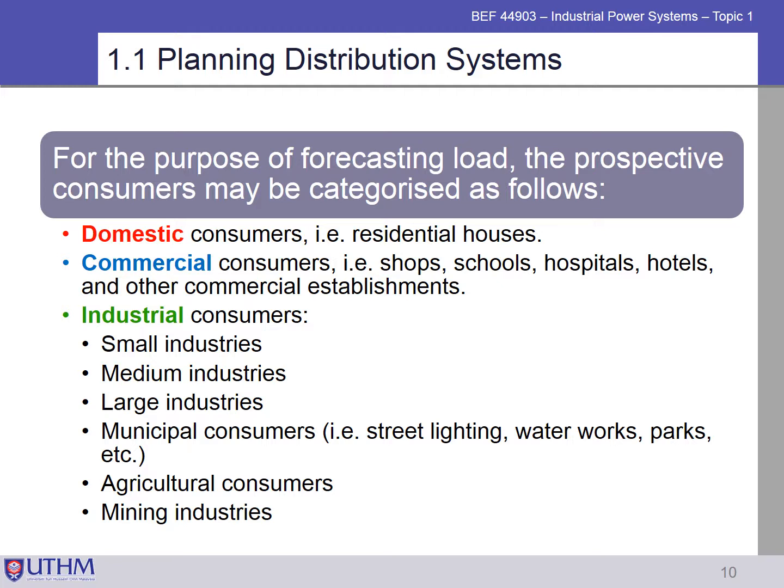We are just focusing on the industrial consumer itself: small industries, medium industries, large industries, municipal consumers for street lighting, waterworks, parking and so on, agriculture consumers, and mining industries. So we have to know what types of industrial consumer there are before we go to forecasting load.